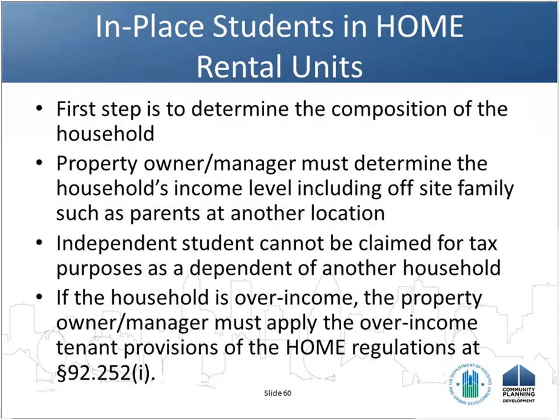Then we determine the composition of that household. Are they part of another household that we could qualify them under? Do they qualify for one of these exemptions? If not, because of the violation of the student rule and being part of another household, we treat them as over income and implement the over-income provisions, which would mean an adjustment of their rent.